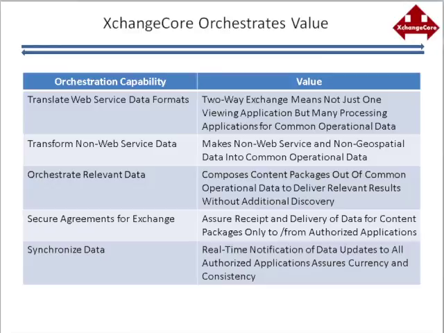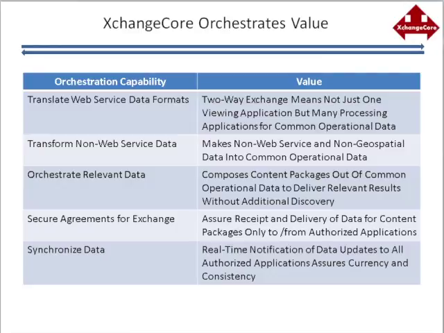Geospatial, they pretty much have the web service act down. But for anything that doesn't start out on a map, you're probably not looking at an existing web service. Needing to get all the information into common operational data, that is web service, that's not web service, geospatial, non-geospatial, the value comes in being able to take that non-web service information, turn it into a web service, and provide a geospatial association for it.